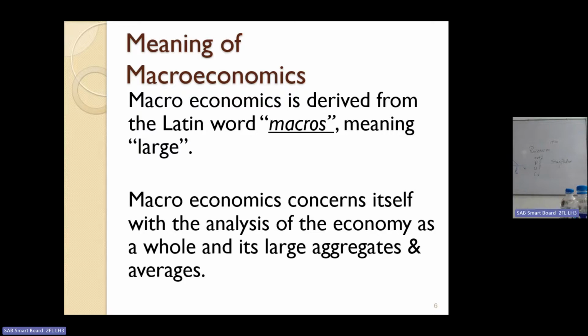For a large area, like space, we use a satellite. That's a kind of macroeconomics. So as we mentioned, we analyze the economy as a whole by looking at the behavior of the macroeconomic aggregates and the averages.